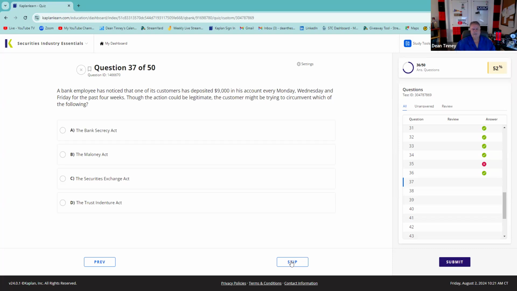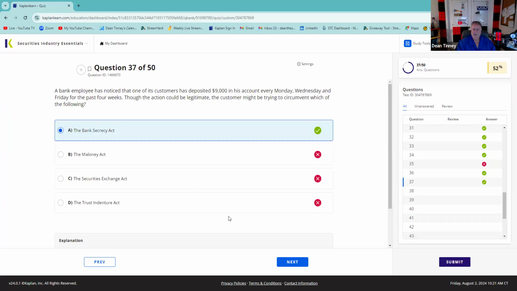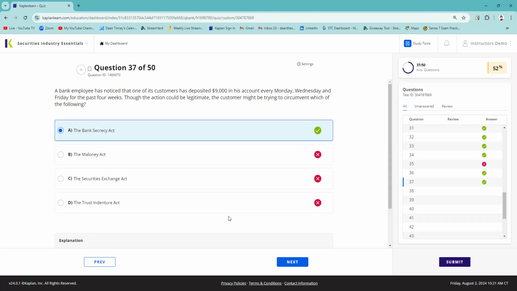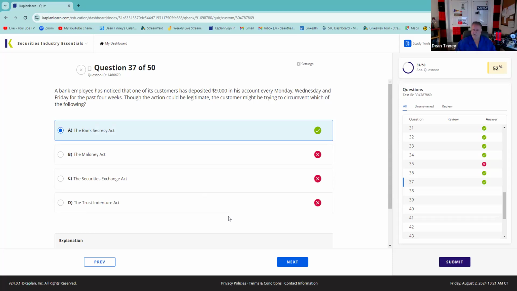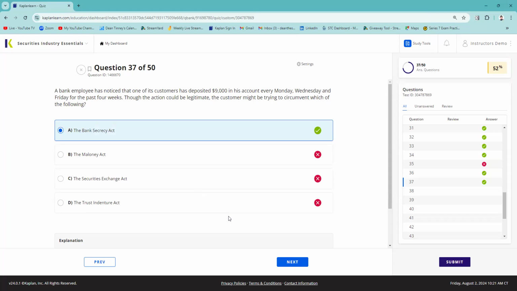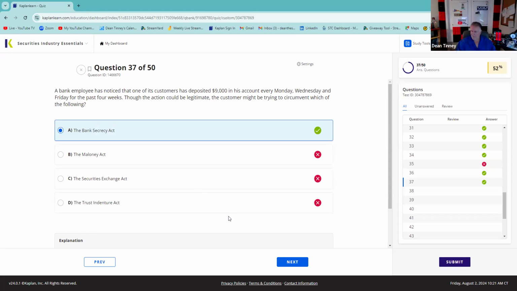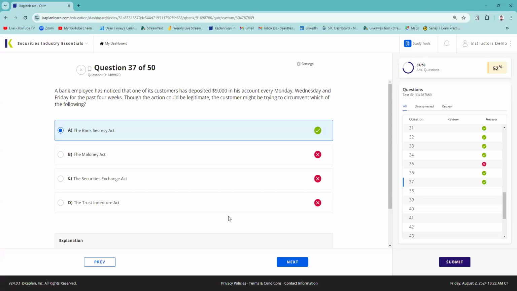The Bank Secrecy Act, which gives your bank permission to file, in this case, perhaps a suspicious activity report. Not a CTR. A CTR would be $10,000. And it looks like this person is intentionally avoiding the $10,000. This is called structuring, and it's a red flag. And so we would file a suspicious activity report.